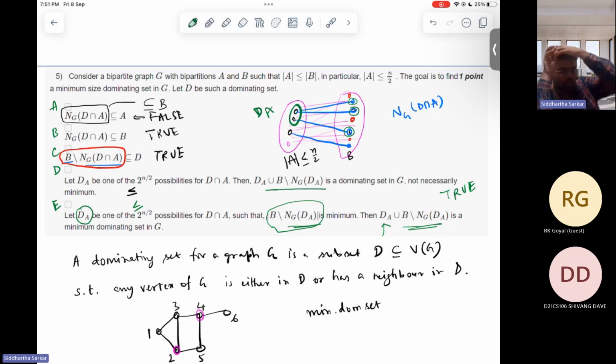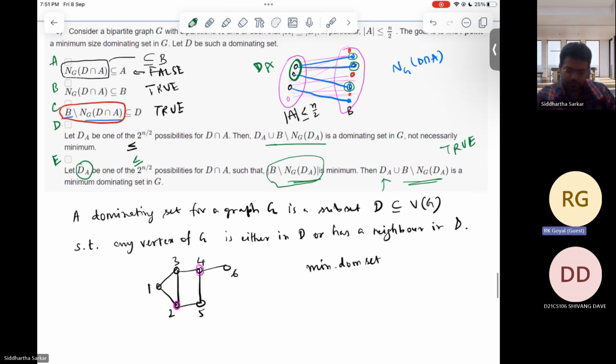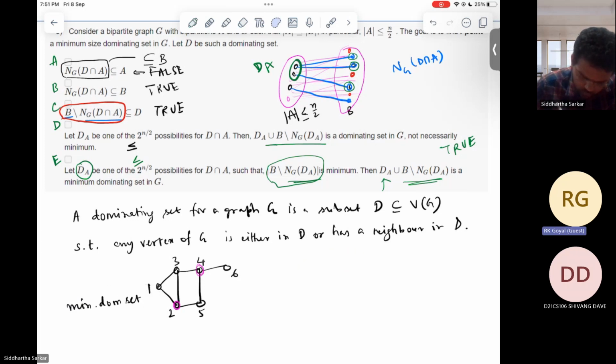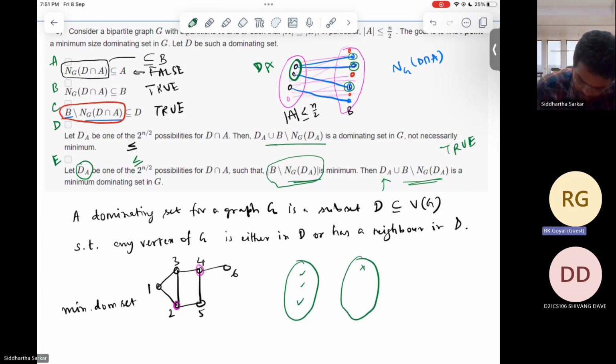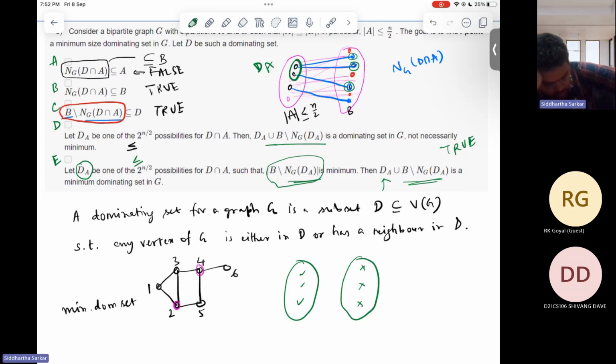In fact, in B, only the minimum number of elements are to be covered, and you pick all of them. So consider a case wherein the cardinality of A and B is equal. If every element of A is connected to every element of B, then the cardinality of the dominating set would be equal to that of A, which is the minimum one. We cannot find better than this one. That is fine.